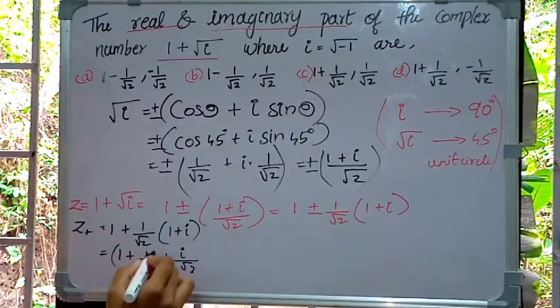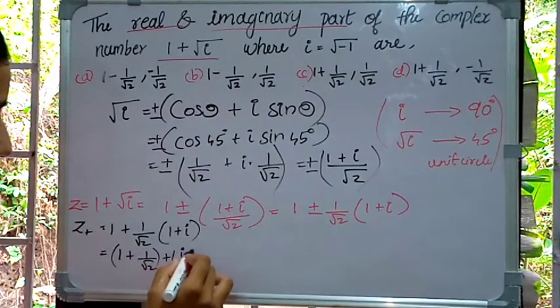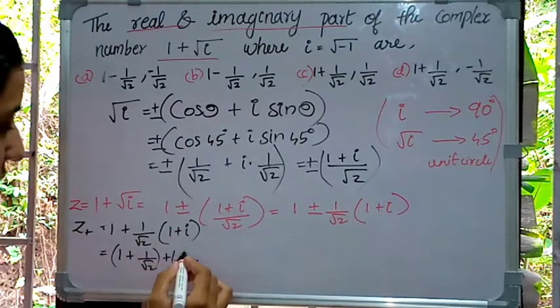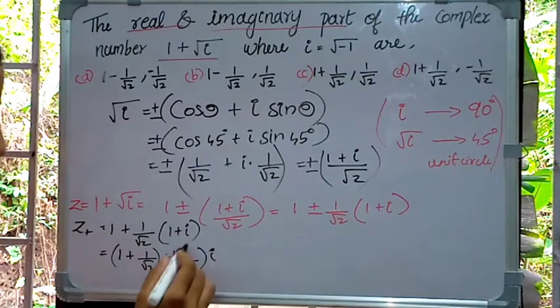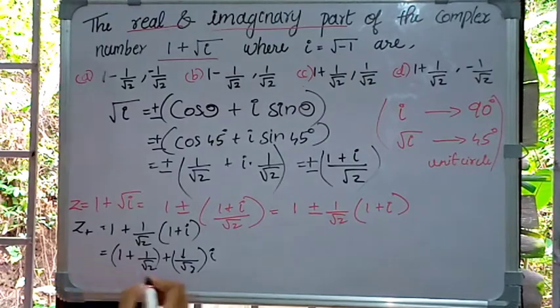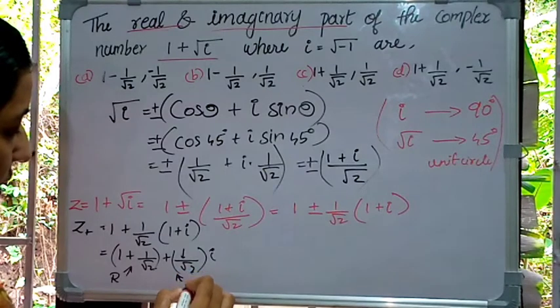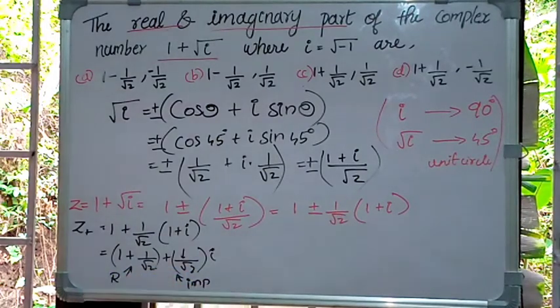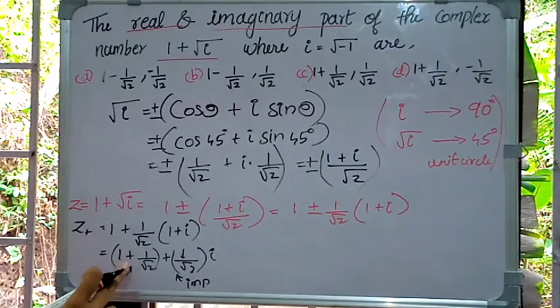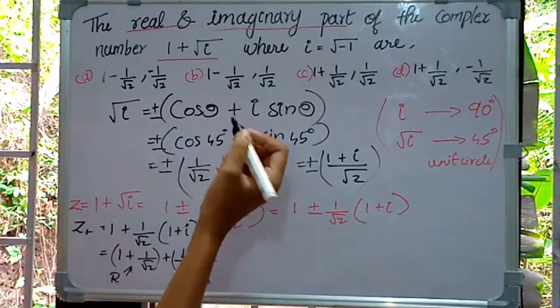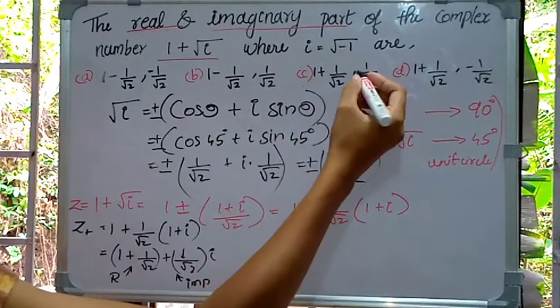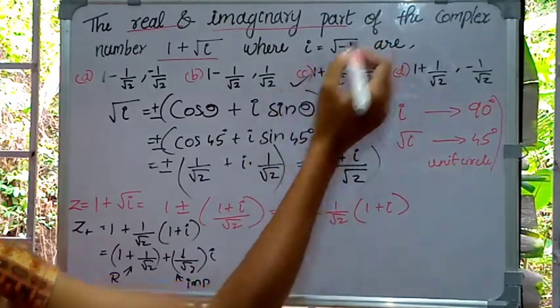Here the first is the real part and this one is the imaginary part. Thus the real part is 1 plus 1 by root 2 and the imaginary part is 1 by root 2. So let's check whether this one is provided in the options. So here we can find that option C is a correct one.